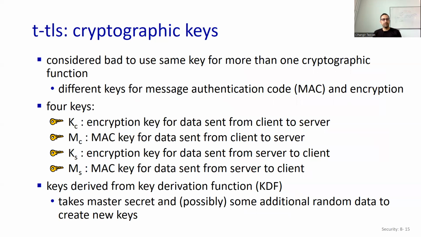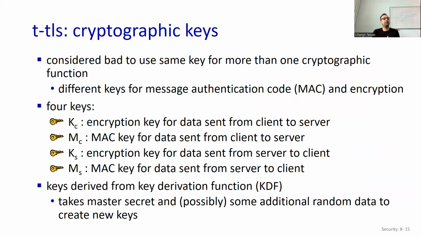So, cryptographic keys in this toy example. It is considered bad to use the same key for more than one cryptographic function. For instance, using the same secret key for both AES encryption and HMAC, you would be using the same plaintext with the same secret key but two different algorithms. In the past, we have seen many scenarios where this leaked more information.